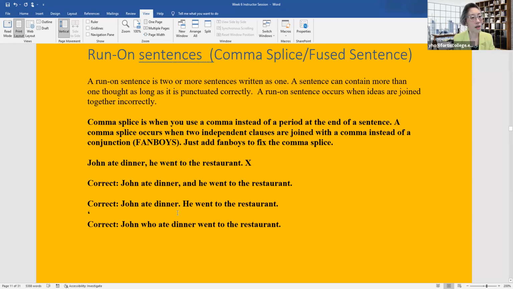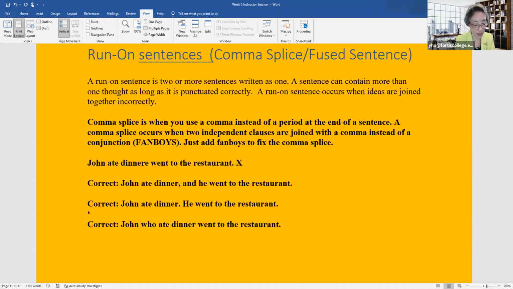So here you have John ate dinner, comma, he went to the restaurant. Okay, so this is a comma splice because you're supposed to put a period here. It's supposed to be John ate dinner, period, he went to the restaurant. Oh, and also you have to capitalize he went to the restaurant.